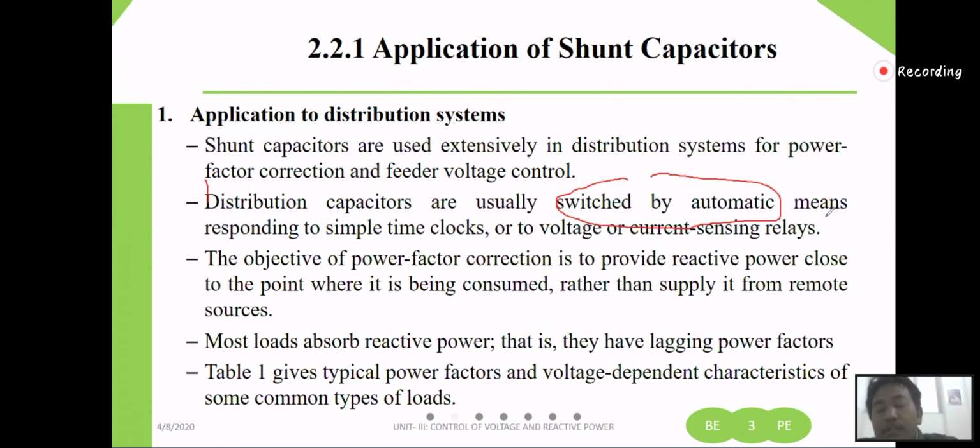Earlier it was manual, where the operator had to go there and switch on the shunt capacitor, but nowadays we can do it automatically. How it performs depends upon your voltage. If the voltage is required to be controlled, it will sense whether the voltage is low or high. If the voltage is higher than the acceptable limit, it will put off automatically, and the shunt capacitor will be switched off.